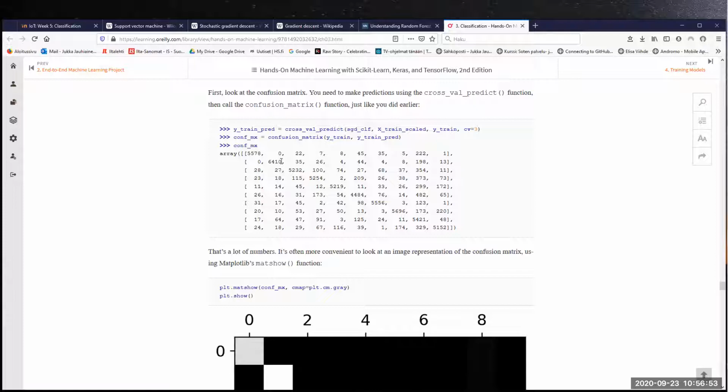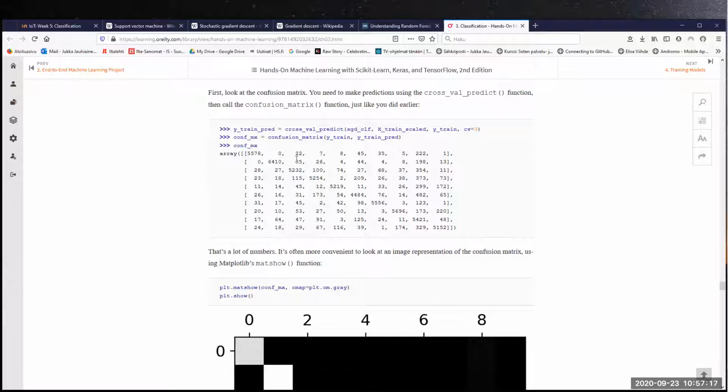For example, in this row, the true number is 1, and in 6,410 cases, the classifier was able to say that, okay, this handwritten digit really is number 1.